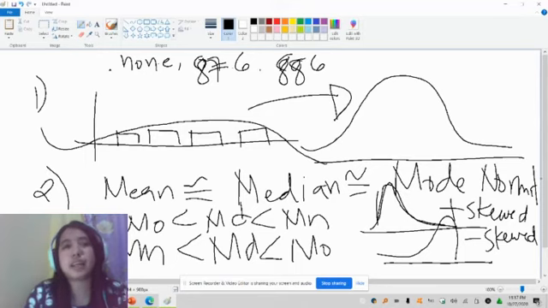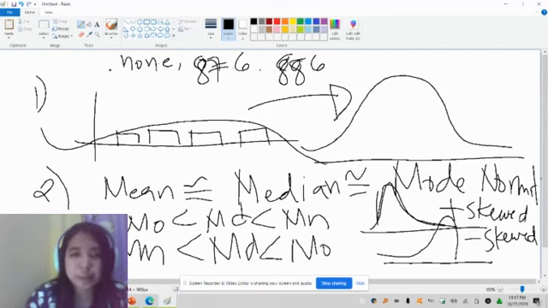But again, in the case of our given example, we cannot determine the mode, so we cannot state whether this is normally distributed or not.